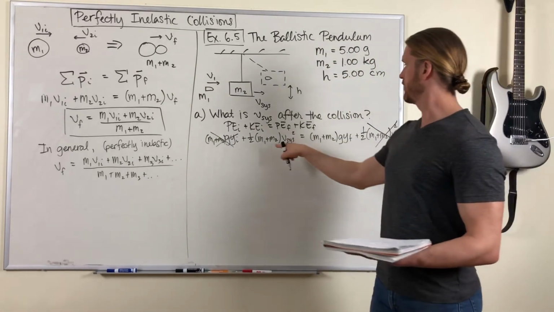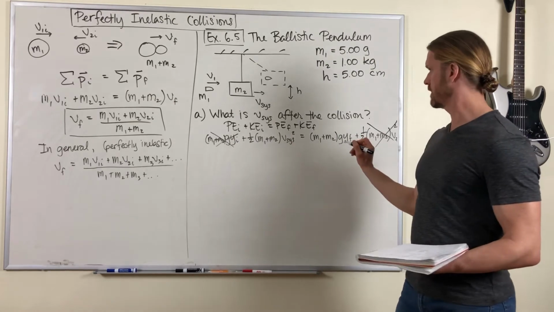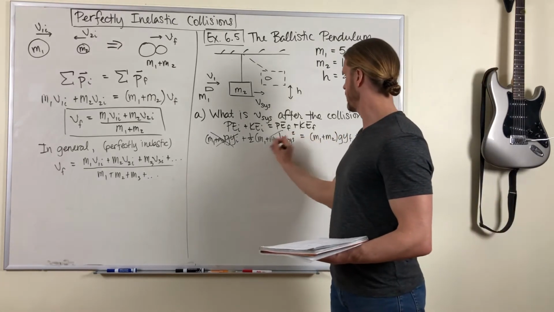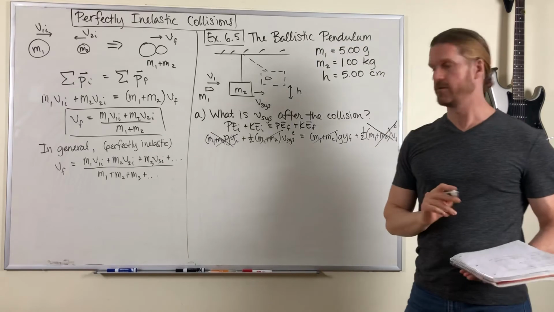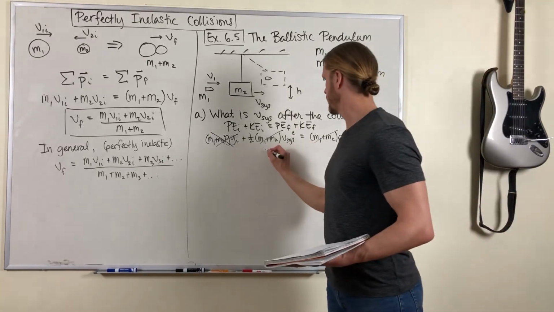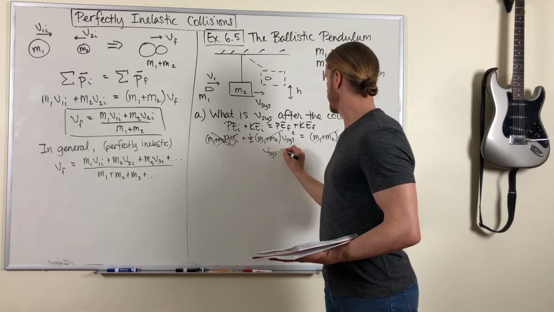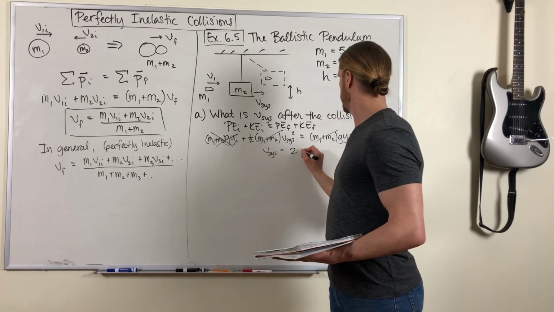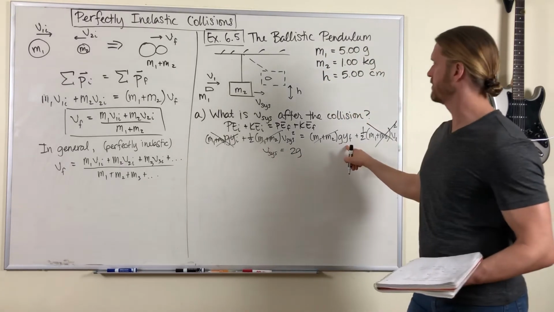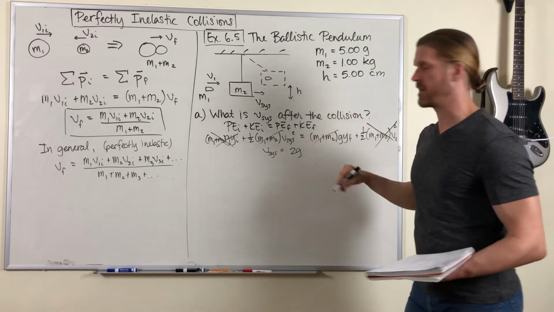And now we have some algebra. We'll cross out these masses. They divide from both sides, and we find that the speed right after the collision is the square root of 2g times y final. Y final is just that height h.